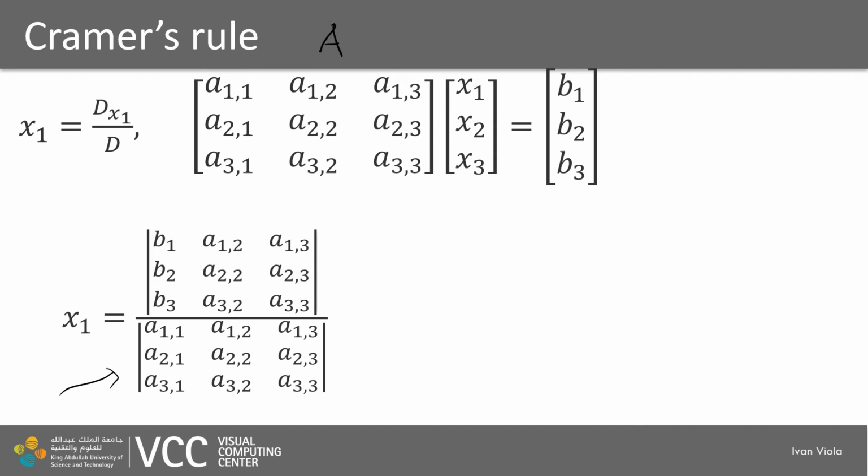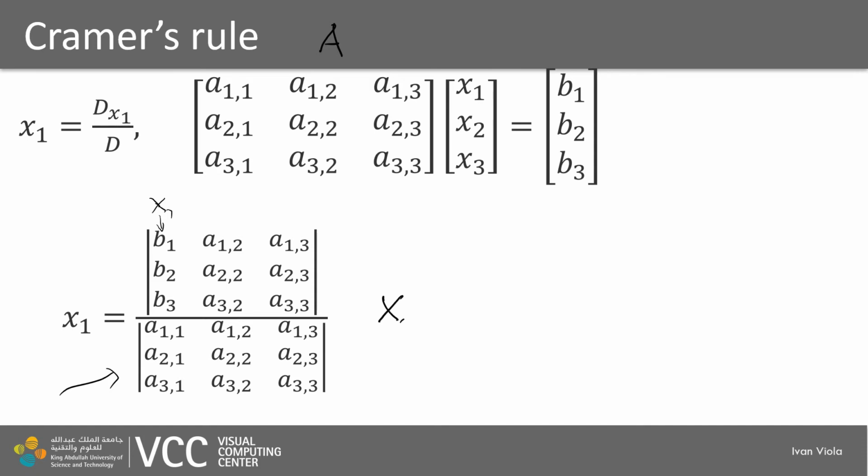So the x1 is the first unknown variable and would correspond to the first column. So for the x1, we will be putting the b vector into the first column, and the rest of the matrix will be the same as the A matrix. And from this we will calculate the determinant.